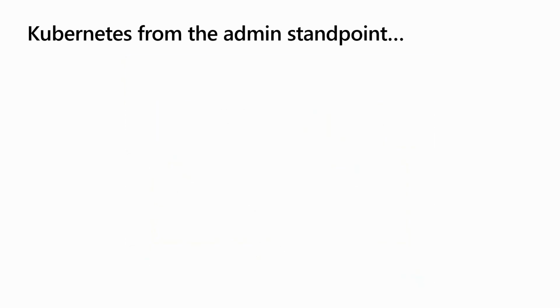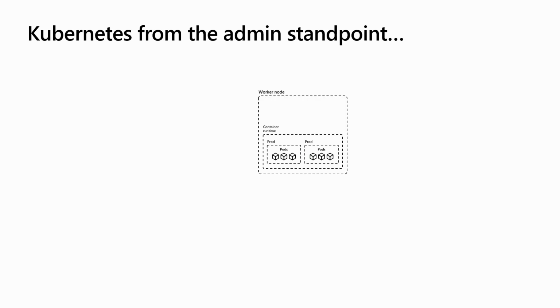So starting with the worker node, the first thing we want to talk about here are the pods. This is running inside of a worker node. You might have multiple deployments, multiple applications running on the node. All of that runs because you have a container runtime on that node, and that's a worker node. Now, there are two components that are important for you to know. The first one is kubelet.